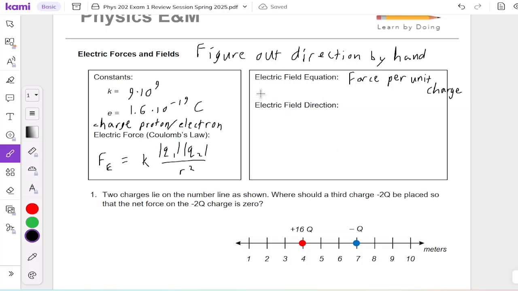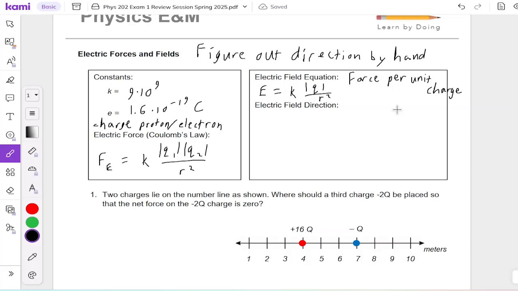But the equation is E equals k, absolute value q, over, again, r squared. The only difference is there's no q1 and q2, it's just one charge. So I don't have to label them because there's only going to be one charge. Okay, so that's electric field.